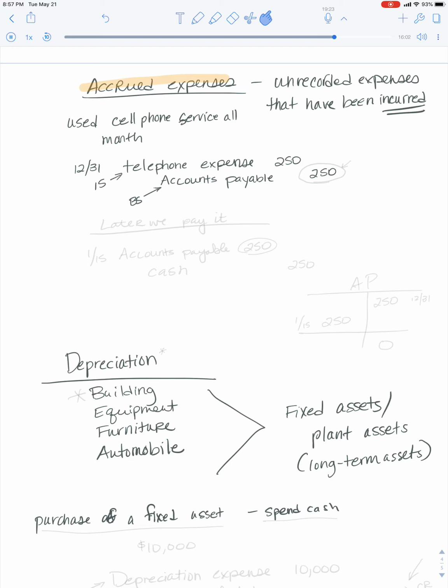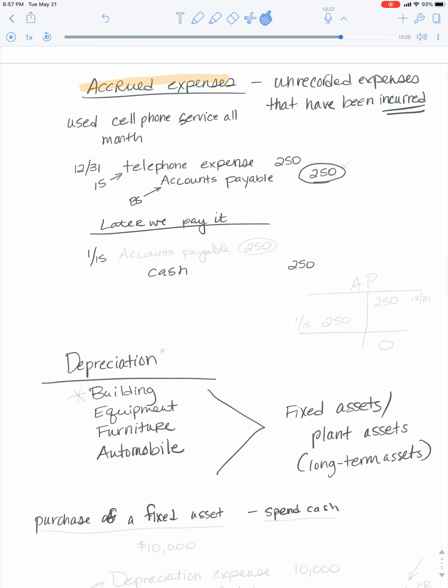And then later we pay it. Okay, so we pay it later, let's say on January 15th. So there's our cash going out, our credit of $250, and we're going to remove this account payable credit because we paid it, so we want it to be zero. We don't owe it anymore.